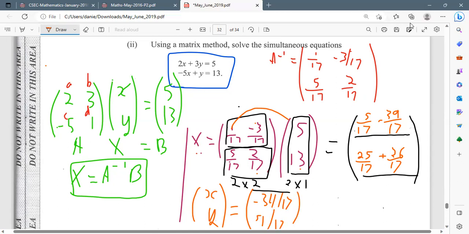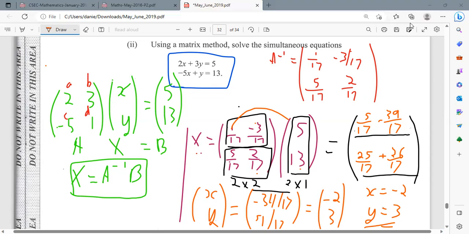So the final answer will just be minus 2, and 51 divided by 17 is 3. So therefore, x will equal minus 2 and y will equal 3. Alright, and that's the end there. So that's how you get x and y using the matrix method.